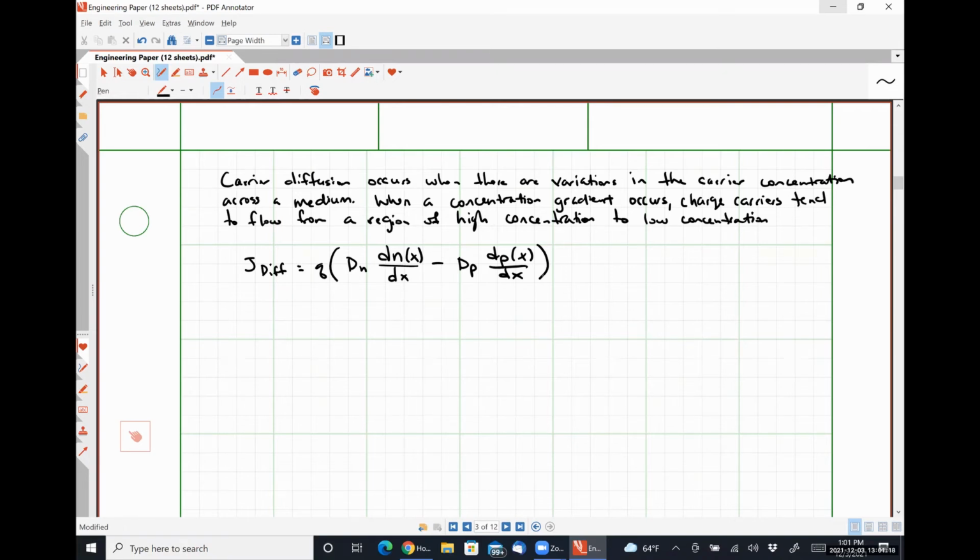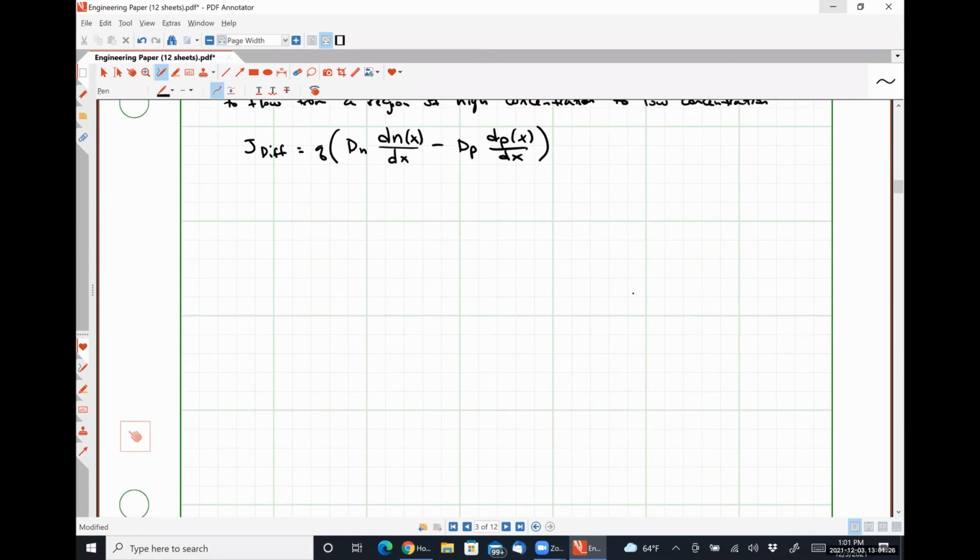So think about, let's say that we have a crystal. Let me draw a picture here, which means I need to find out where I put my pen thing. So let's say that we have a crystal. Let's call this bit right here x equals 0, and this bit right here x equals L, okay? And we inject electron hole pairs into one side of the crystal, okay?